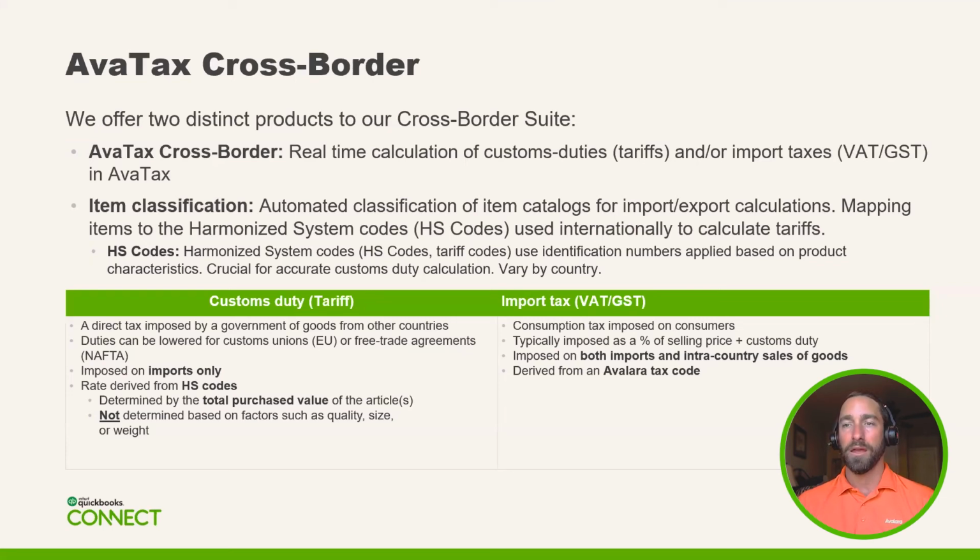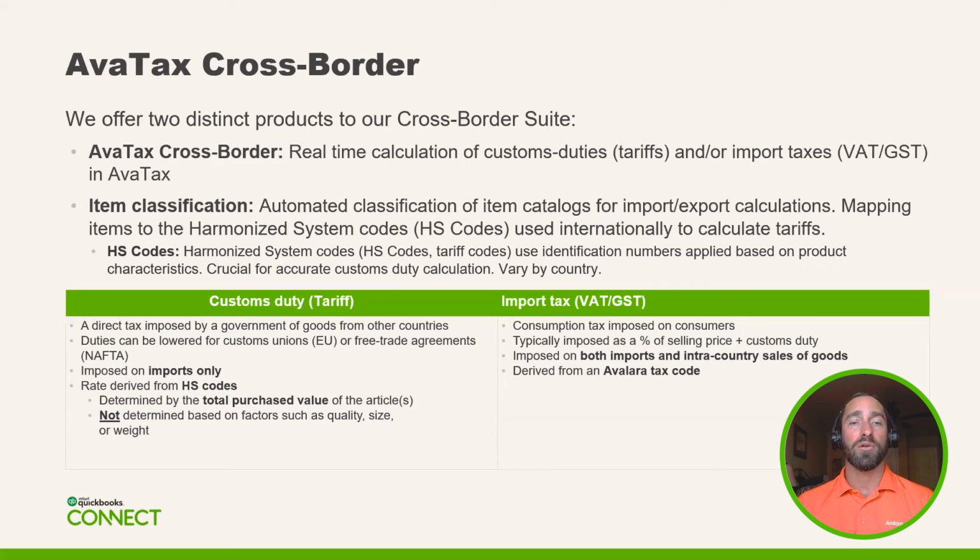If you're shipping products internationally, odds are you're going to have to worry about duties, tariffs, import taxes. And cross-border is another one of our products in our suite where you can leverage, where we can do real-time calculations of the custom duties and or import taxes in your shopping cart or in your accounting software.